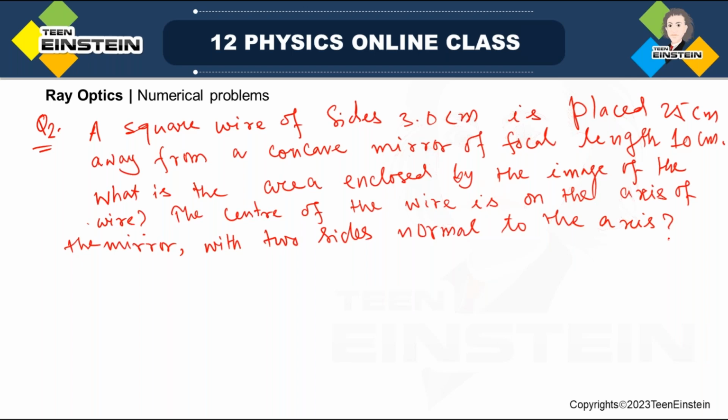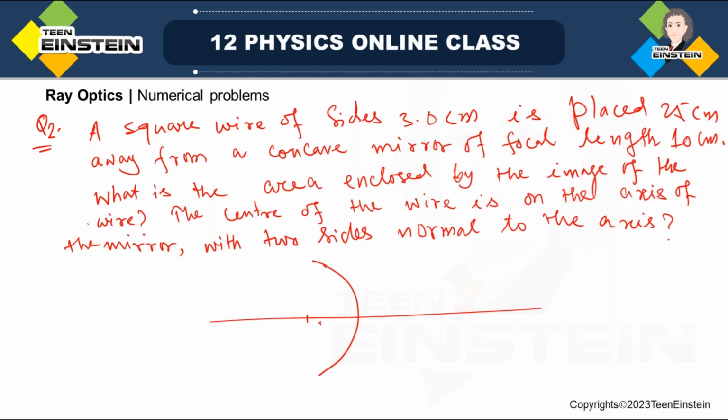Okay, so the question is, so this is a concave mirror. So you have a concave mirror like this, and suppose this focal length is, sorry, 10 centimeter.